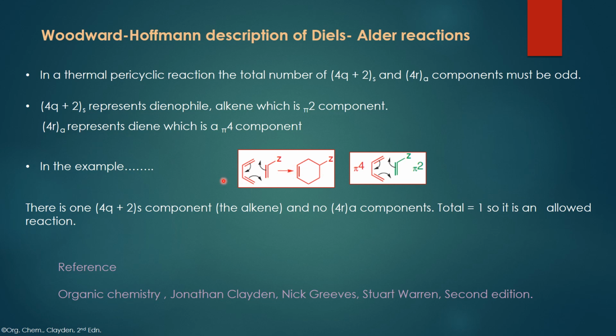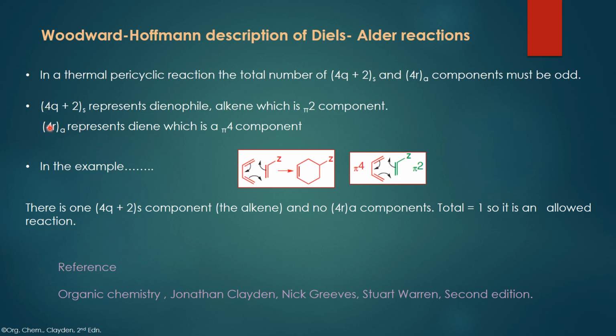When this reaction is given, first look for how many 4Q plus 2 S components. There is only one 4Q plus 2. And next, look how many 4R A systems, that means 4-pi. There is only one 4-pi component, but this is suprafacial. We have studied that the interaction on both sides under thermal conditions is suprafacial interaction. They both are in phase.